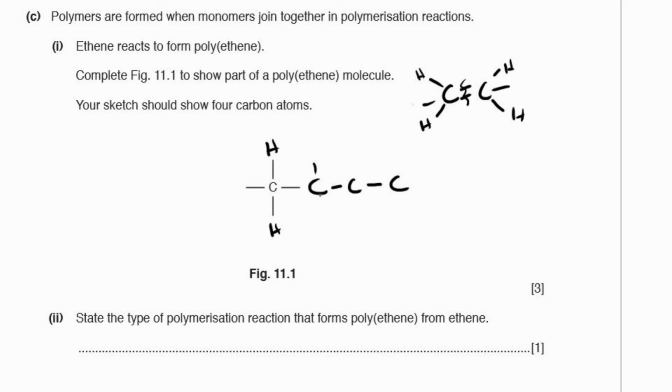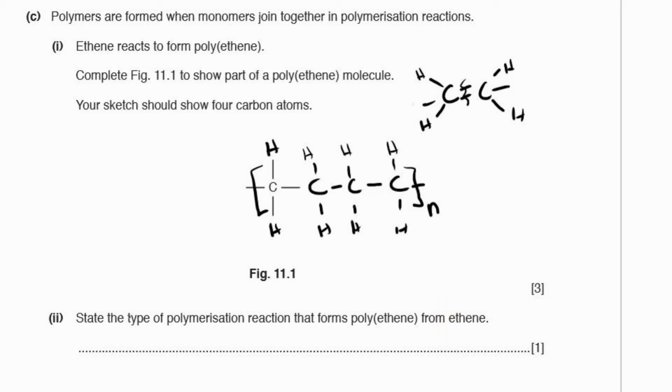Okay, so each one of these has 2 H's attached. It doesn't get rid of any of the H's. Okay, and now what we need to do is we need to say that there's many, many of this chain. And so we say that there are n number of ethene monomers.